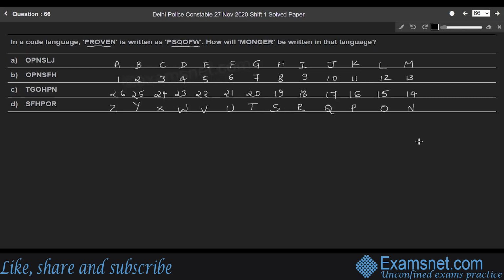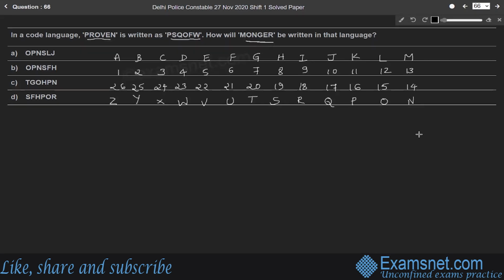Question 66. In a code language, PROVEN is written as PSQOFW. How will MONGER be written in that language? So, positional values of all alphabets are written here.